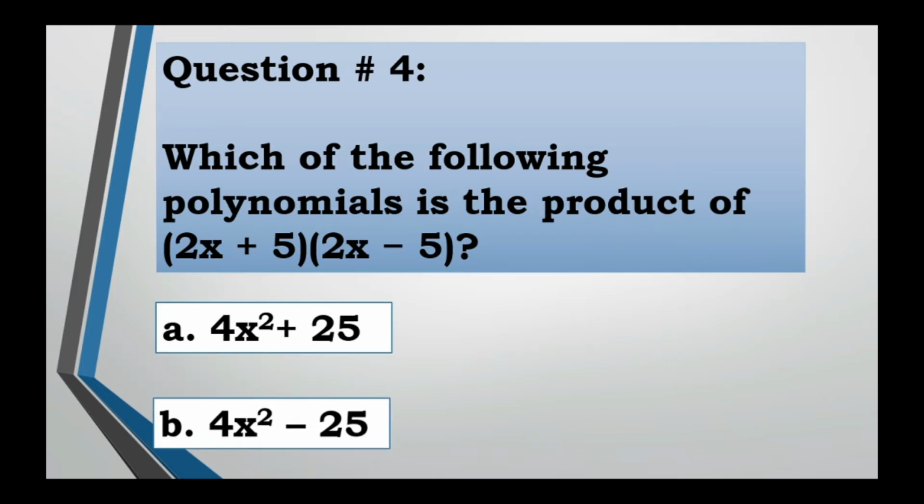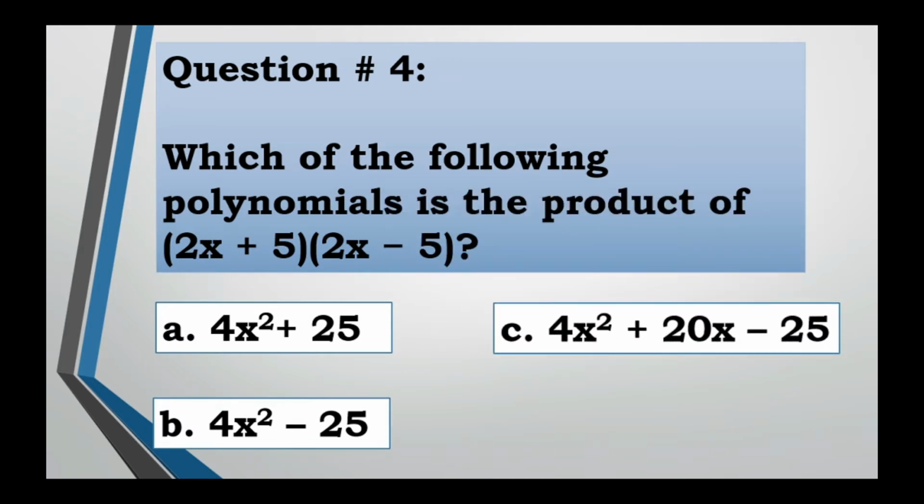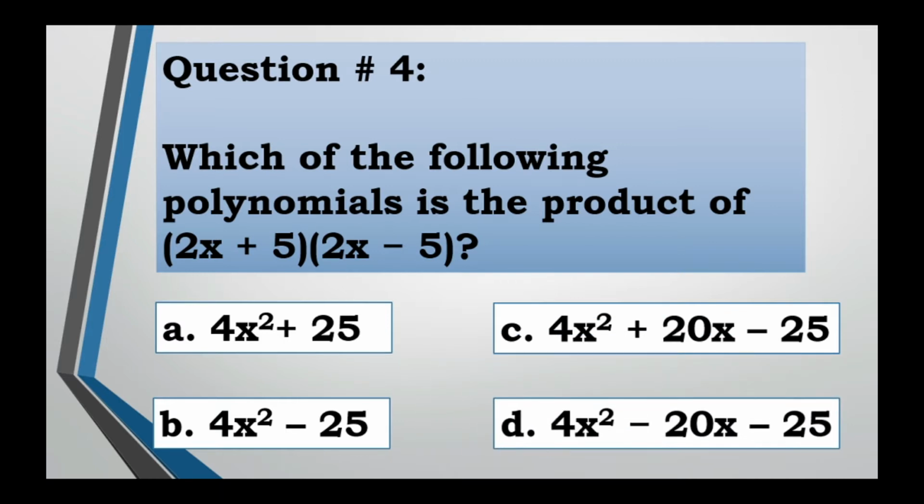Letter B, 4x squared minus 25. Letter C, 4x squared plus 20x minus 25. Or letter D, 4x squared minus 20x minus 25.